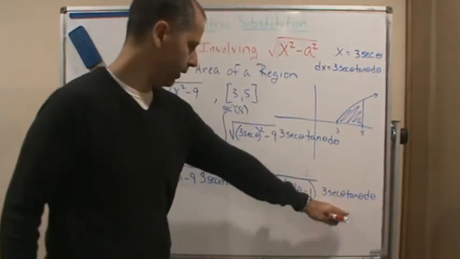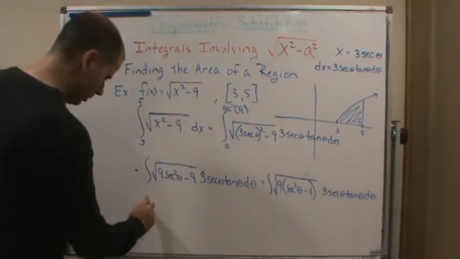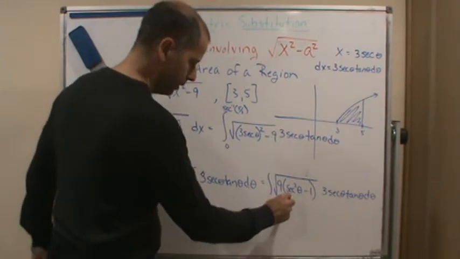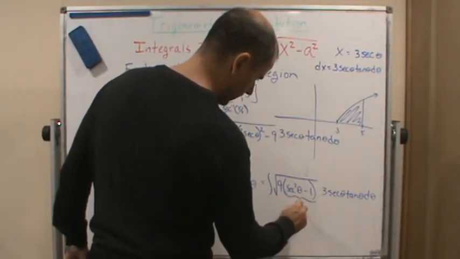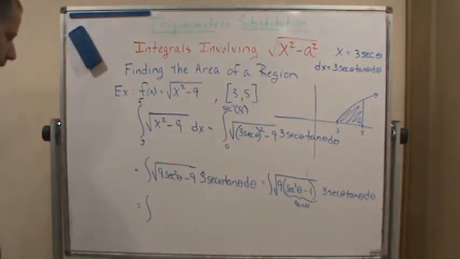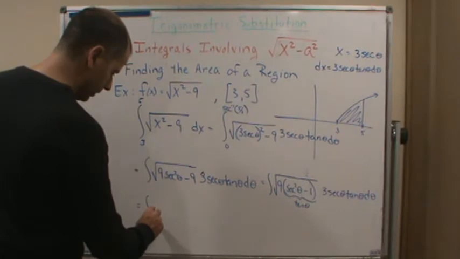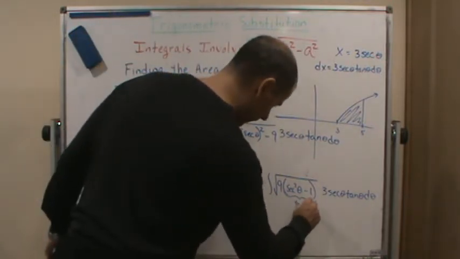Now, this here is just tangent theta. So we get the square root of 9 tangent squared theta.